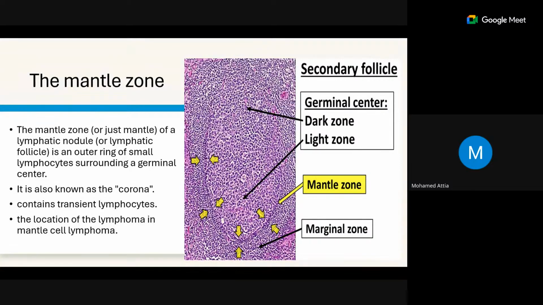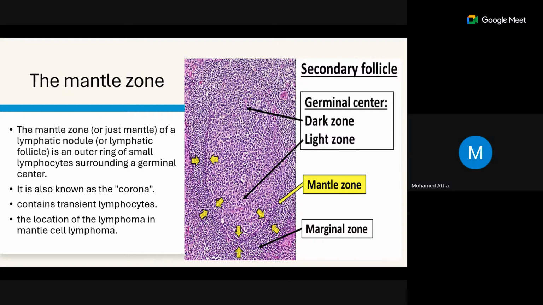So the lymphoid cells that will undergo somatic hypermutation and immunoglobulin switching in the dark zone of the follicle need something that surrounds them, which is the early cells that will go inside the follicle.